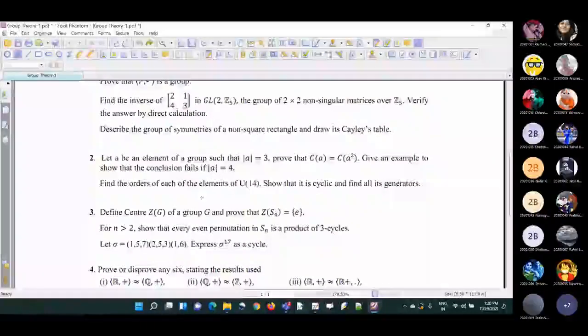If you and some other student are both attempting this question, and someone directly writes that the order of 5 is this one and 11 is this one in this U14, and someone else is computing how to find the order of these elements, then there is a much difference. You will say, I have also written the order of this, but please remember, you have written, you have not solved.